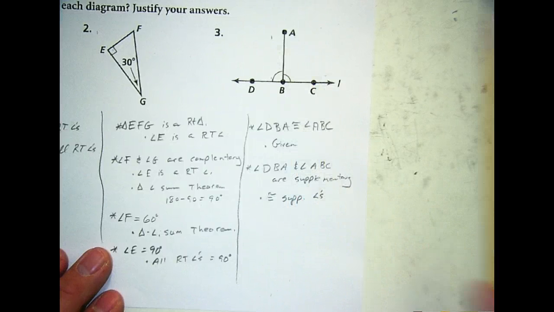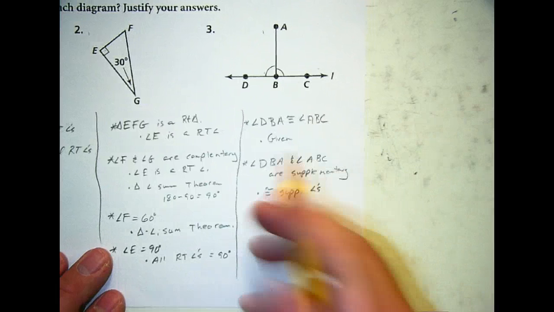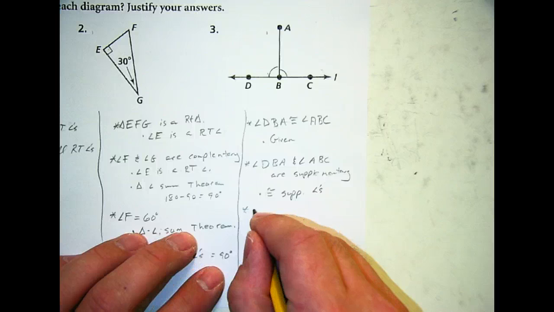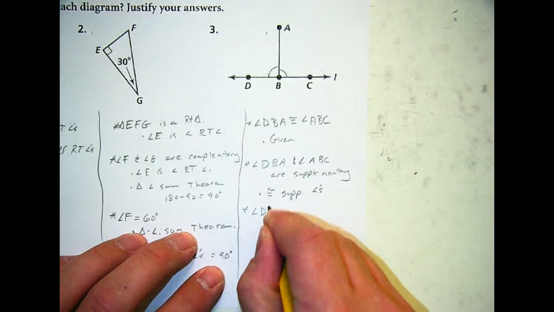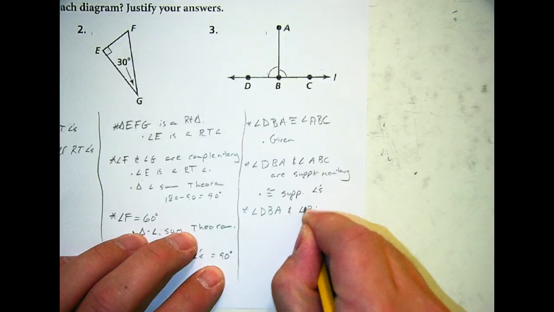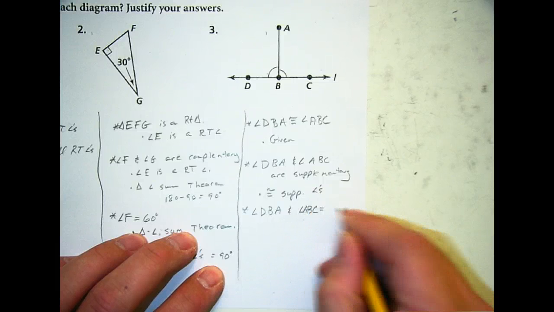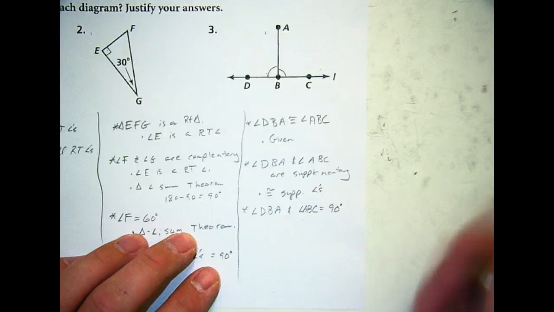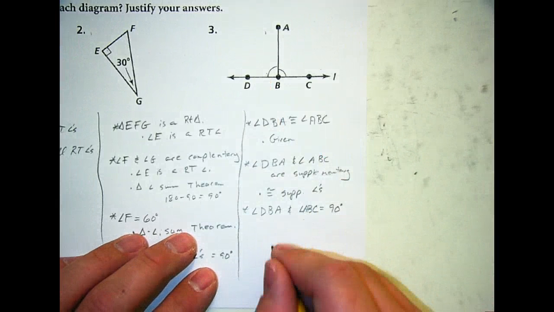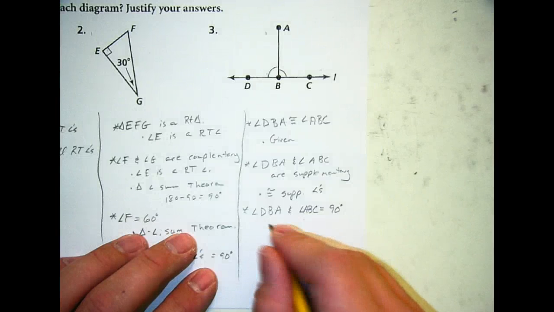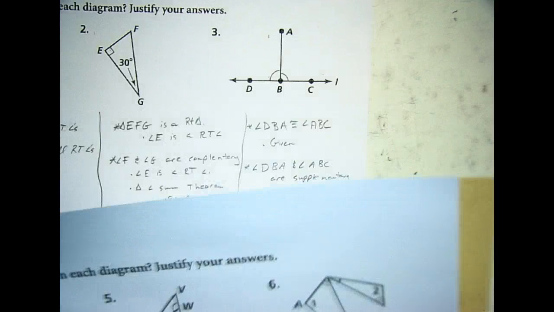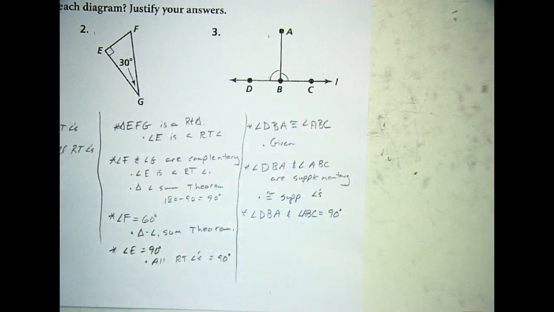Actually, you know what you could say, just like Emily said there, you could say angle DBA and angle ABC equal 90 degrees, because they're congruent supplementary angles. Any questions there?